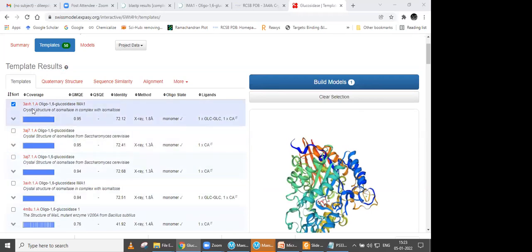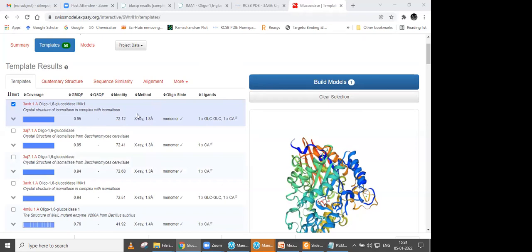These are PDB IDs of particular proteins, and we got more than 50 templates, out of which 3AXH got the first rank, with a similarity of around 72%.